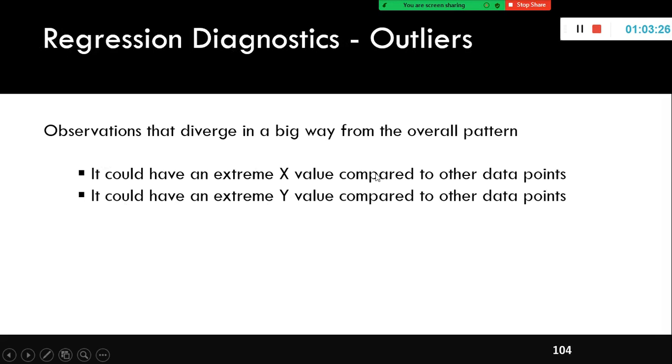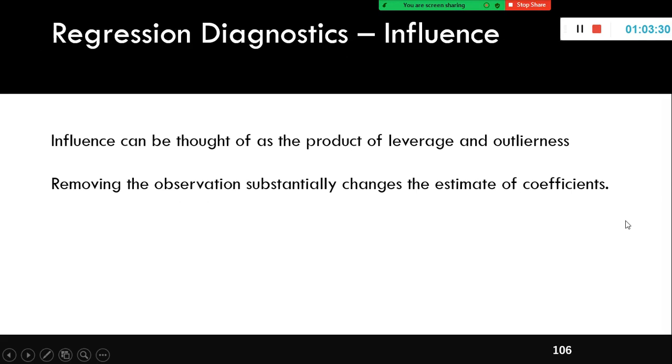It could have an extreme X value compared to other data points, or an extreme Y value. So we need to check which observations are influential. What is influential? It is a product of both the leverage and outlierness.